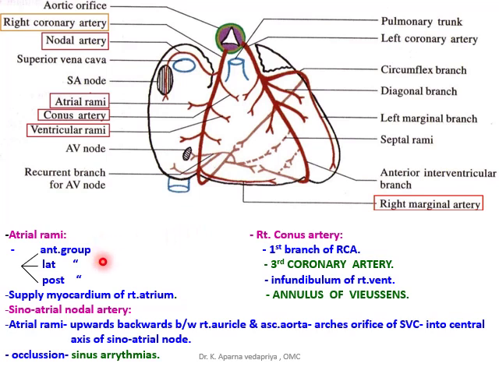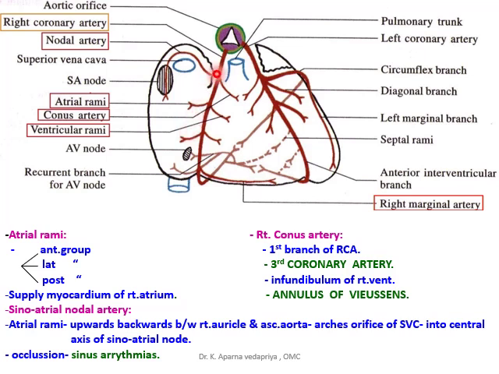These anterior and lateral branches are at right angles to the right coronary artery, and they supply the myocardium of the right atrium. This is all right atrium. That is the reason it is the anterior atrioventricular groove, isn't it? So these atrial rami supply the myocardium of the right atrium.